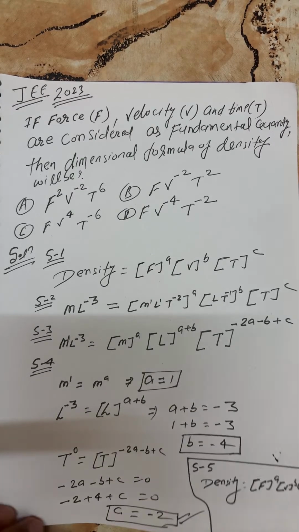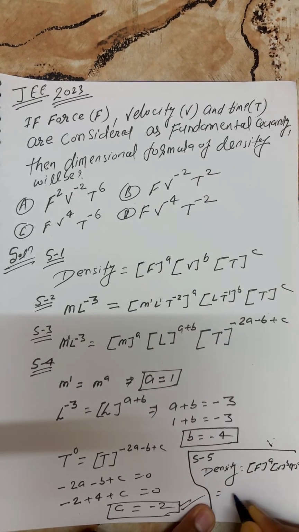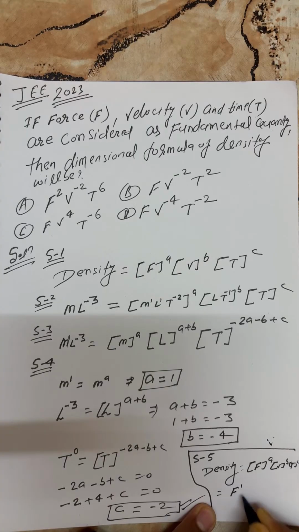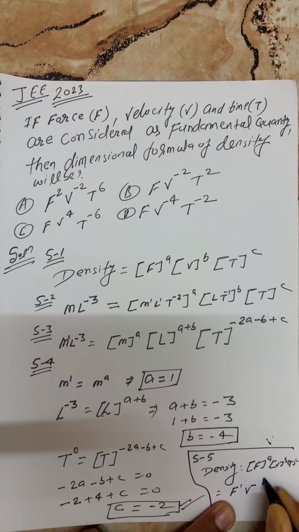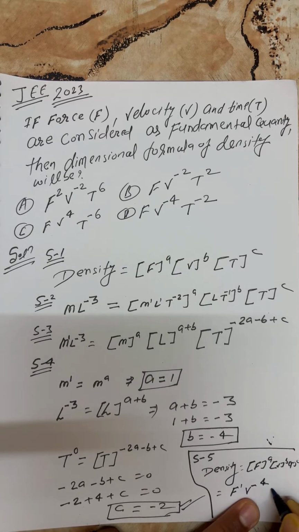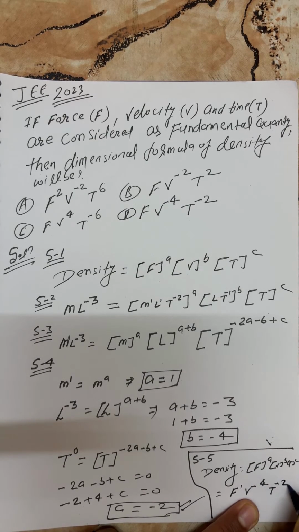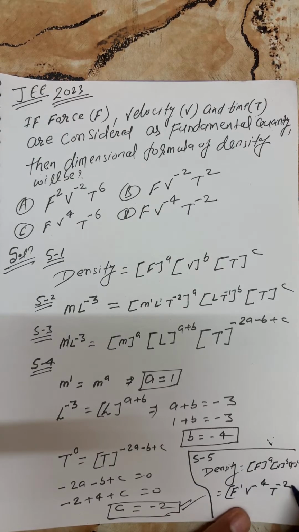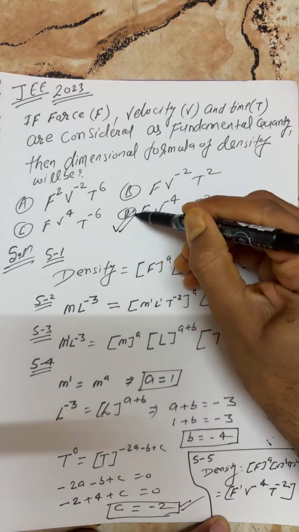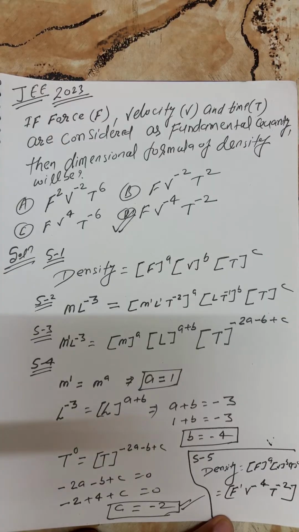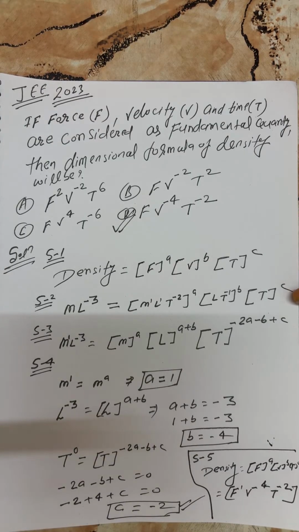So simply we can write force to the power 1, velocity to the power minus 4, and t to the power minus 2. Just see carefully, is there any option matching? F to the power 1, V to the power minus 4, T to the power minus 2. Yes, this is the correct answer for the question.